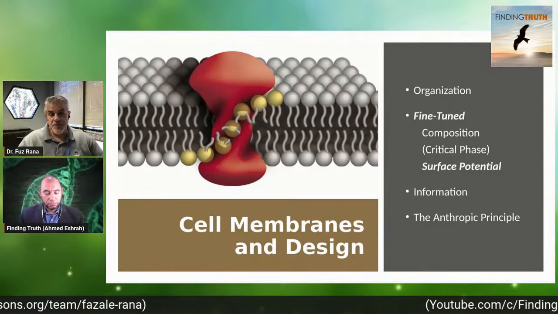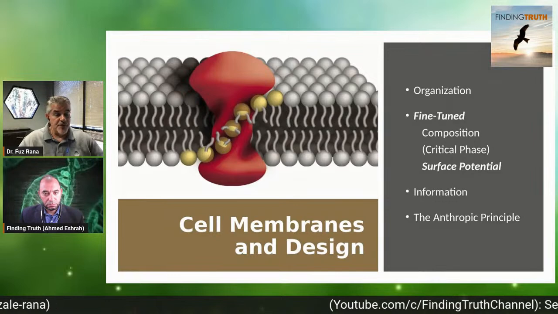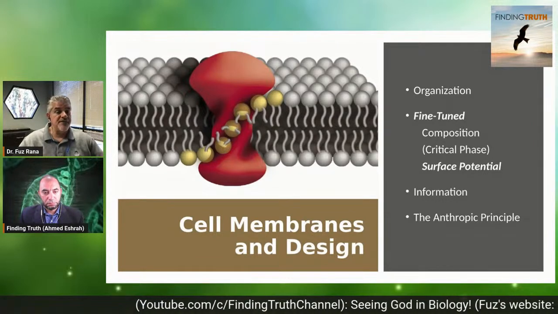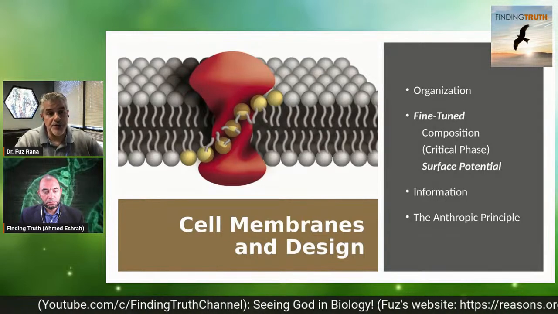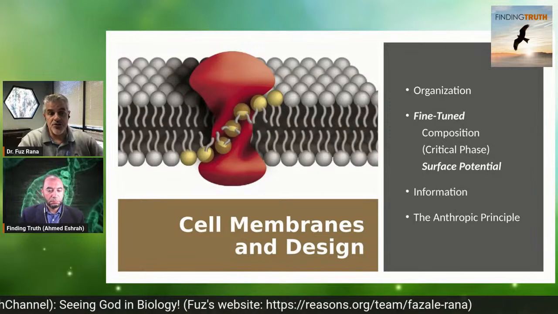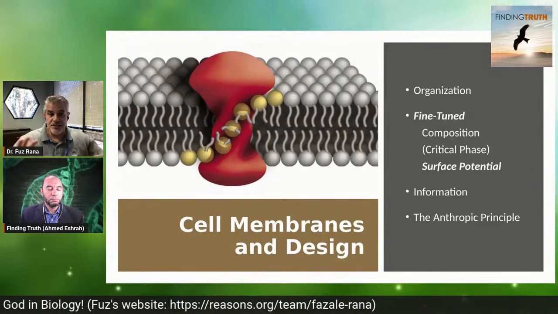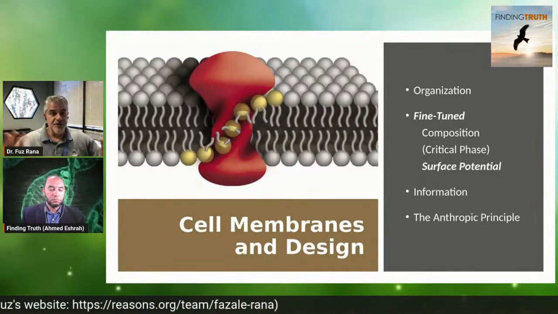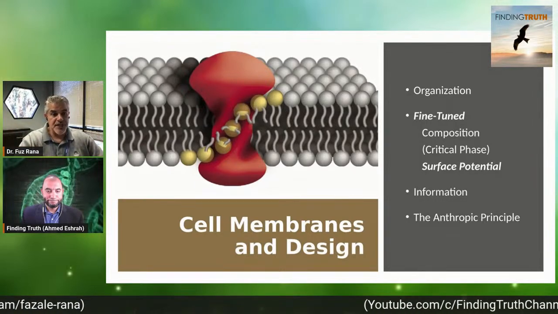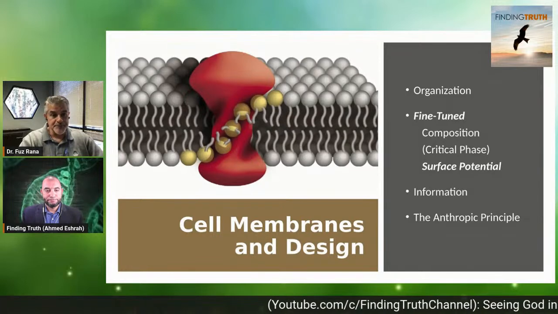Some of those materials may enter in through pores if they're polar, and then some may be actively transported. You could even have active transporters that are moving nonpolar materials against the concentration gradient. So there's all kinds of different mechanisms at play simultaneously moving materials across the cell membrane.